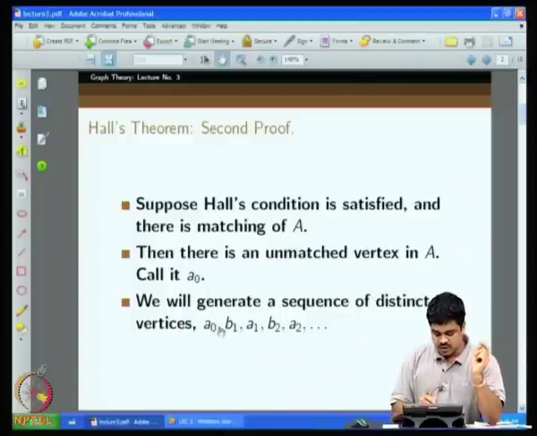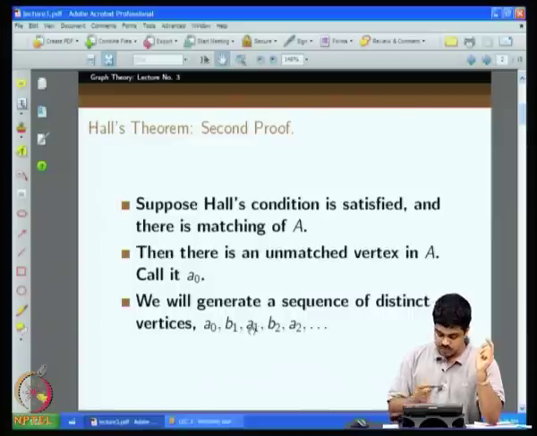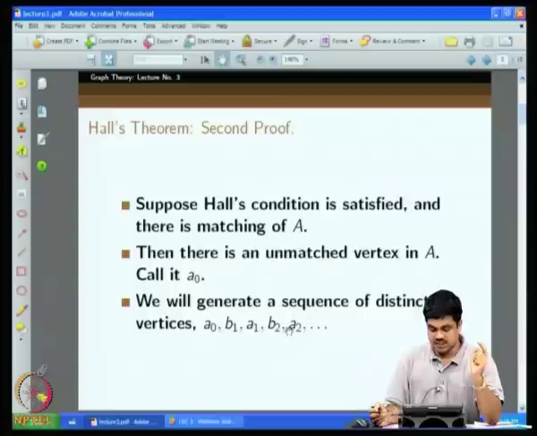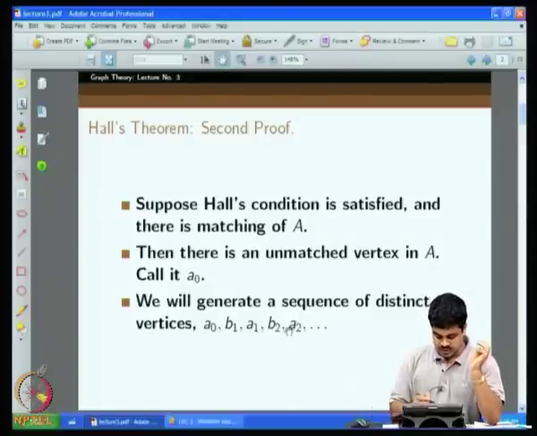A0 from the side A which is unmatched, B1 from the side B which is matched, which we will make sure of, then A1 from the side A, then B2 from the other side, A2 from this side, like a sequence of vertices which are distinct. That means, we will not repeat the vertices in this sequence, and we will show that we can get a never ending sequence, which is definitely not possible, because there are only a finite number of vertices in our graph. Therefore, that will lead to a contradiction. So, how we are going to do this, I will explain.